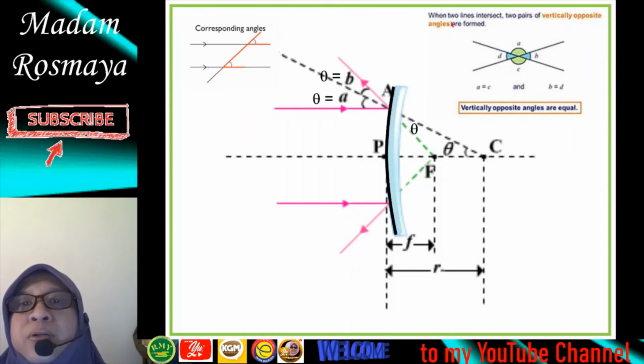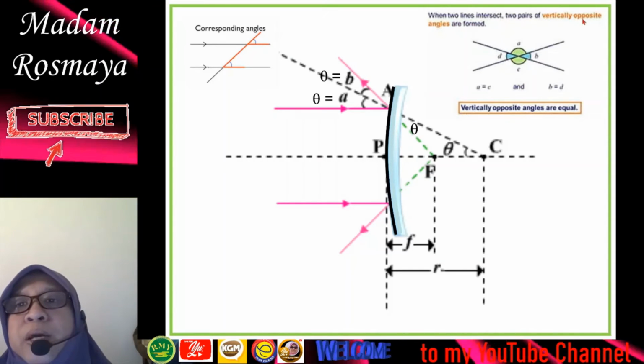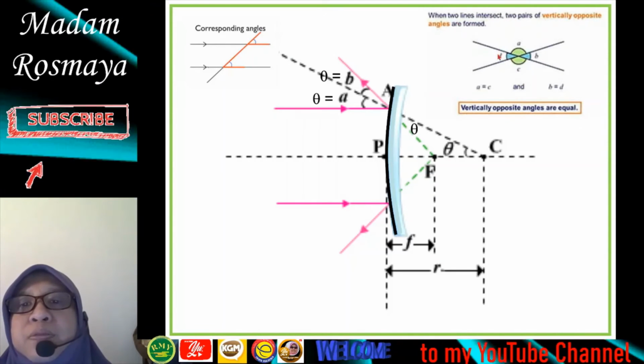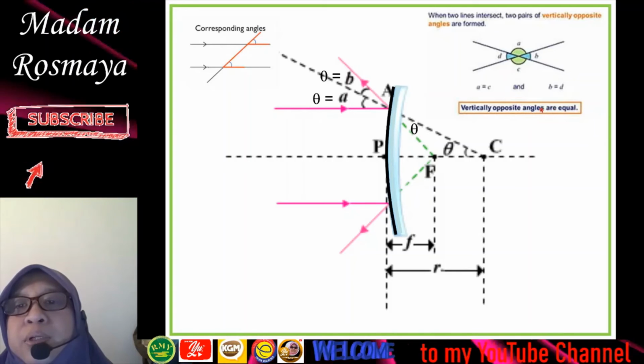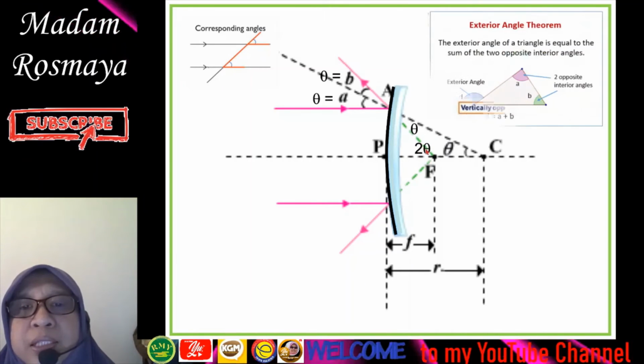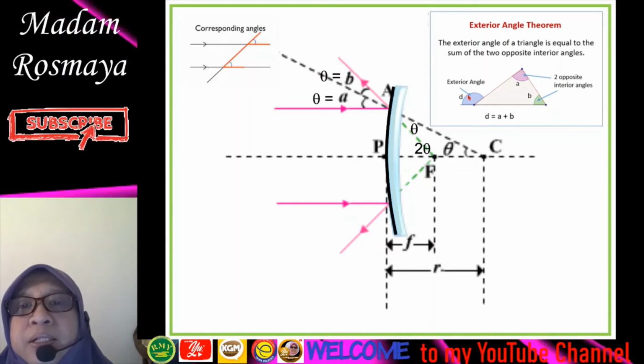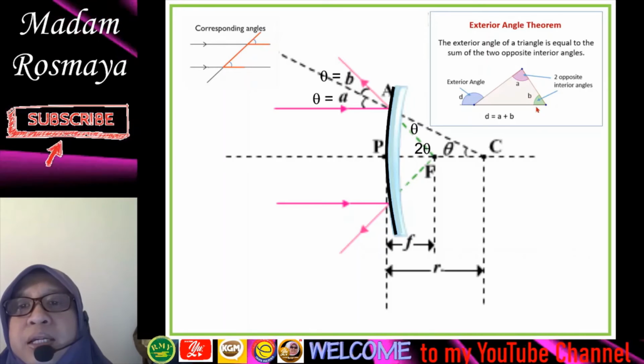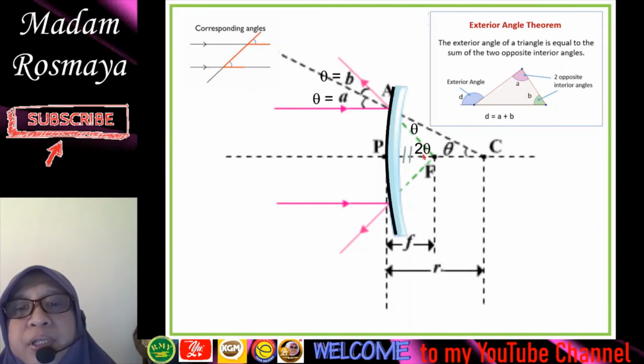Okay, so when two lines intersect, two pairs of vertically opposite angles are formed, so they are equal in magnitude. So here theta, here also theta. Okay, so using the exterior angle theorem, the exterior angle here equals the sum of the two opposite interior angles. So here means theta plus theta, which becomes 2 theta.